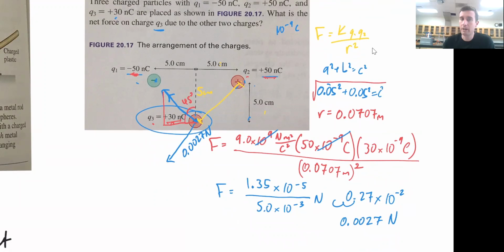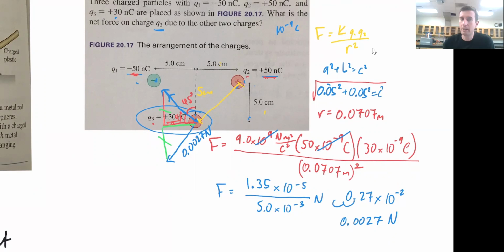So this angle in here is also 45 degrees. So at a 45-degree angle, I've got the vertical and the horizontal. And then on the other side, I've got the horizontal and the vertical components. And so these vertical components are going to end up canceling each other out. Those are going to be the same magnitude. So all I'm left with is the two horizontal components going to the left.